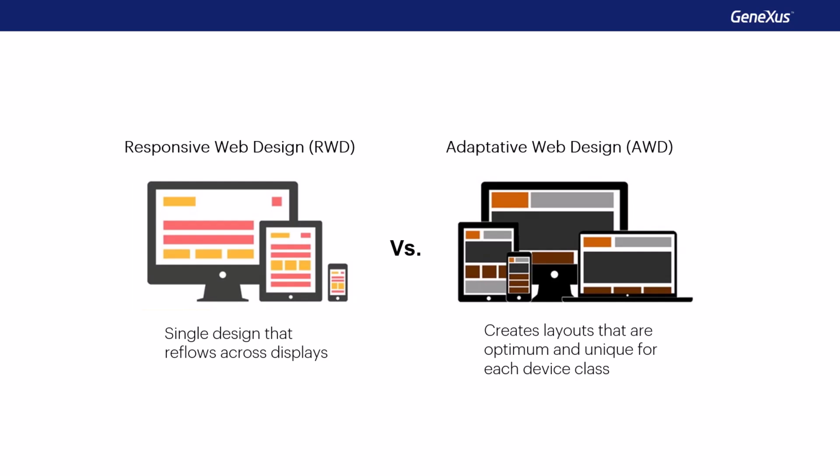With adaptive design, the website will detect the user's device type and will use the layout designed to fit that screen. While designing for each type of device requires more effort, the benefit is that the designer can have more control over the design elements and achieve a better user experience. For this reason, most new websites now use adaptive design.